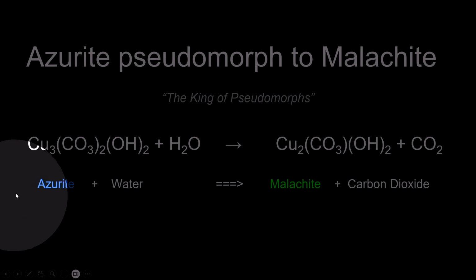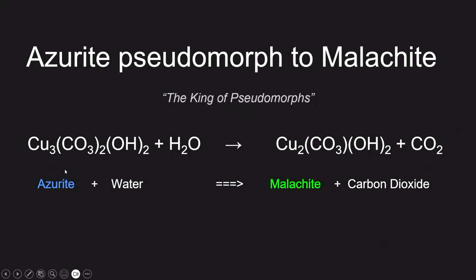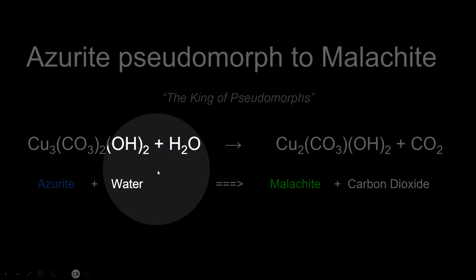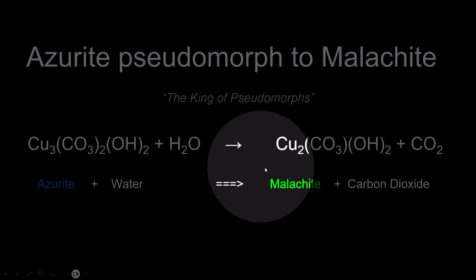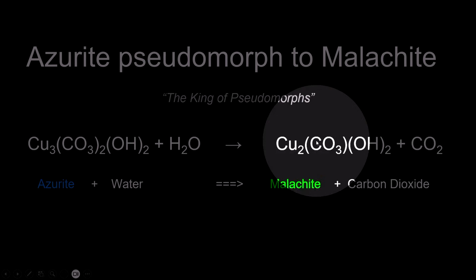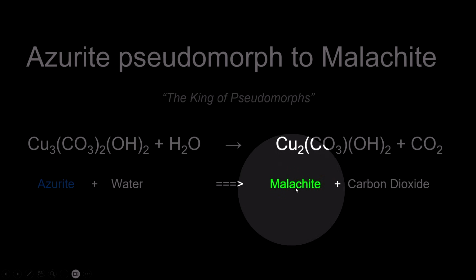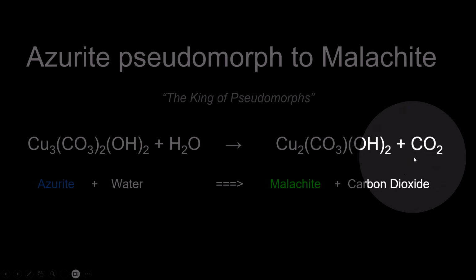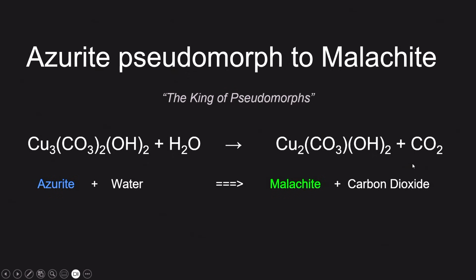You just take some azurite and you mix it with a little water, and given time and proper temperature and pressure, this is transformed to malachite and also carbon dioxide. So a very simple chemical transformation.